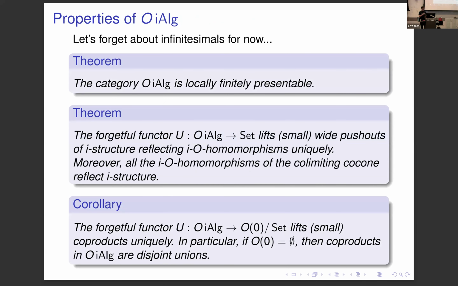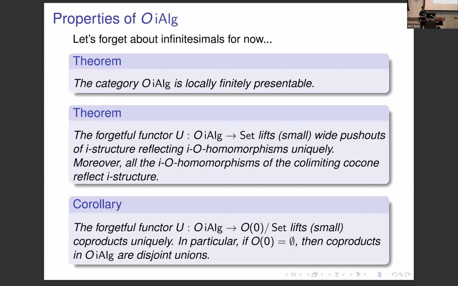Right. So as I promised, and this is basically just a listing of a few interesting results to get you hooked, I can now forget about all this infinitesimal business. I can go into the category Set, and I can start looking at what I get if I'm looking at the category of infinitesimal models of an algebraic theory, here again represented by a clone O. It starts very nicely.